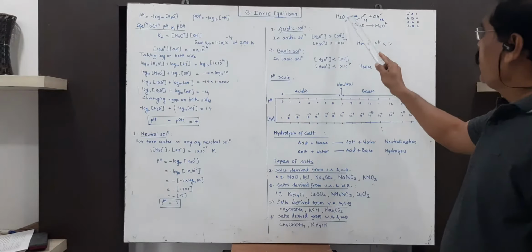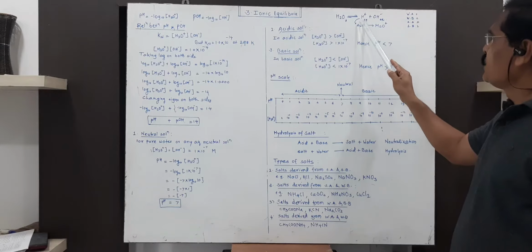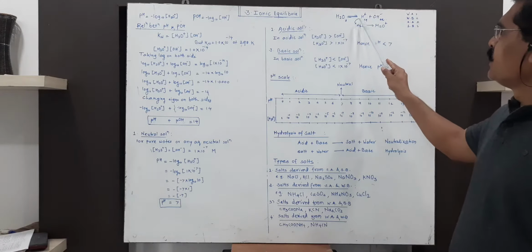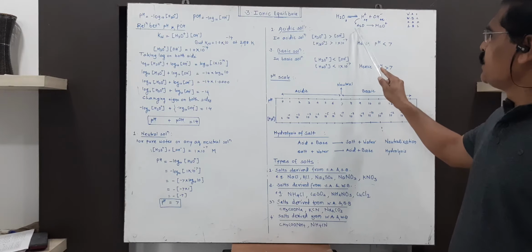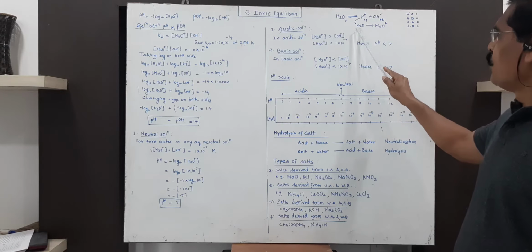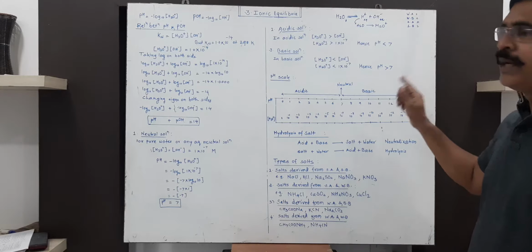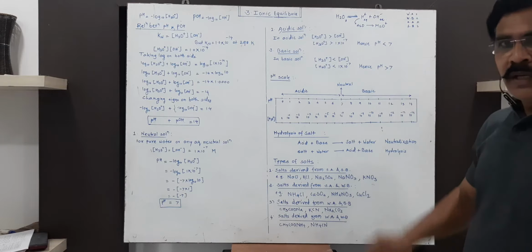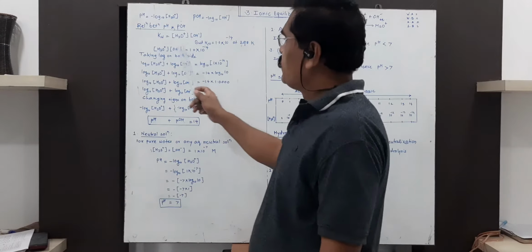Why? H2O in water produces H plus and OH minus ions. These H plus ions immediately combine with an H2O molecule to form H3O plus ions. So H plus ions are nothing but H3O plus ions.